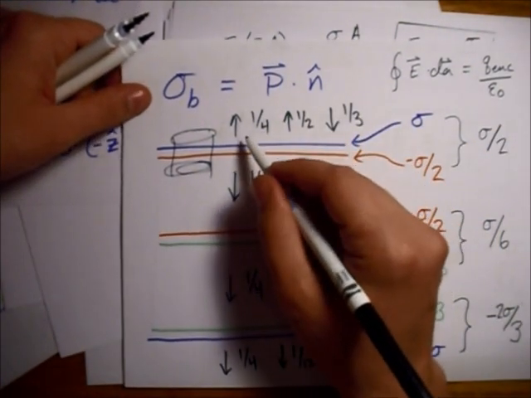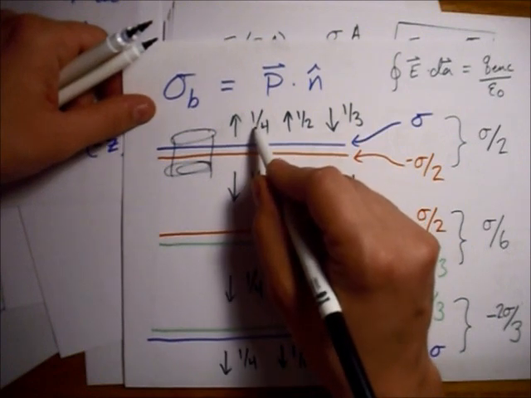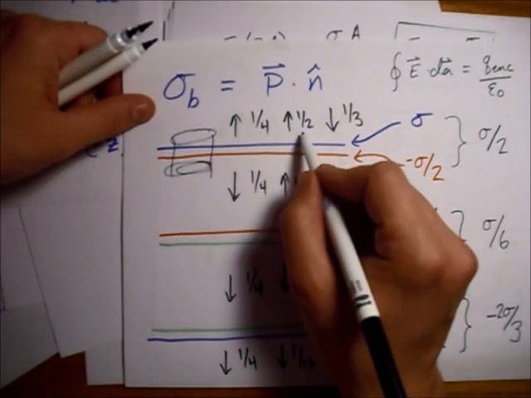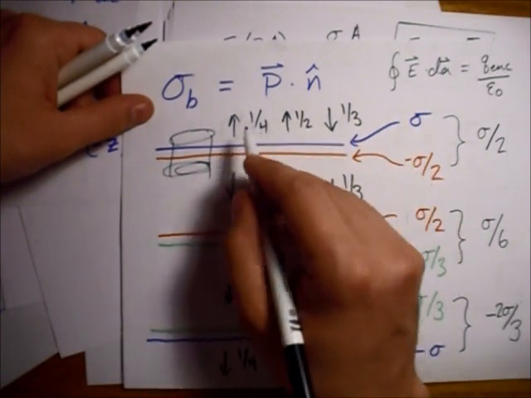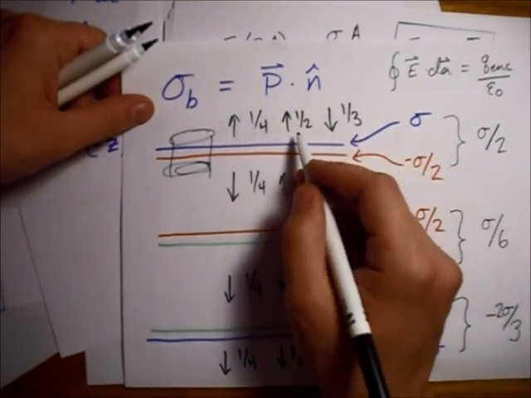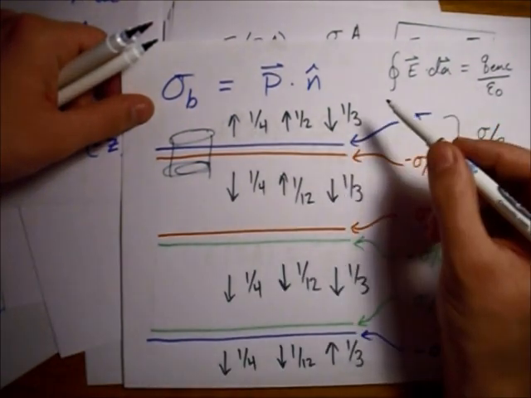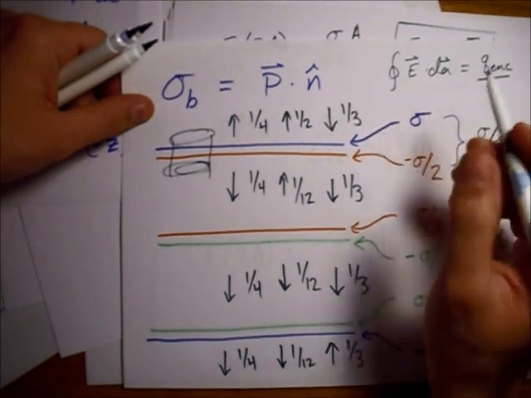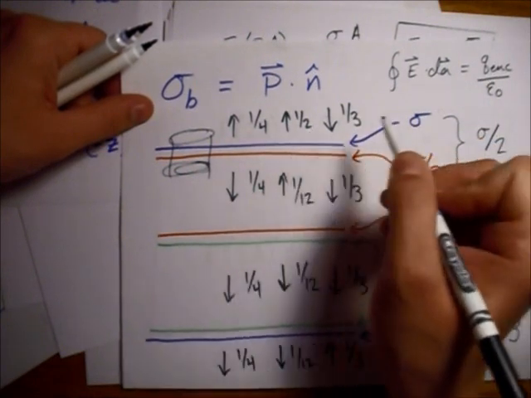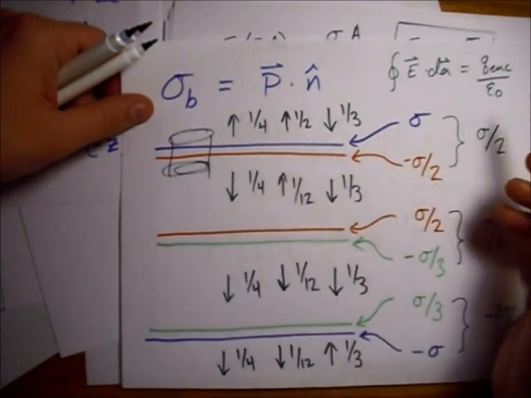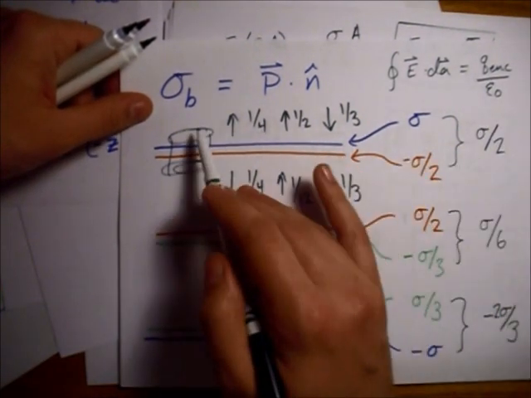So we have a 3 and a 9, or sorry, a 6. So 3 plus 6 is 9. And then a minus 4. Let me just double check this, because what we want to get is 0, right?